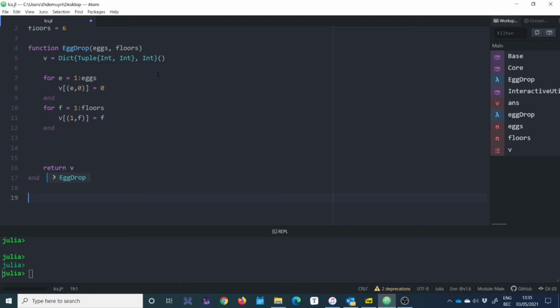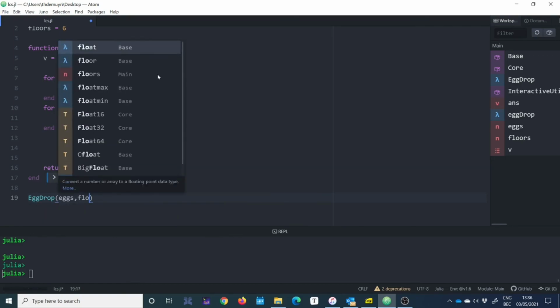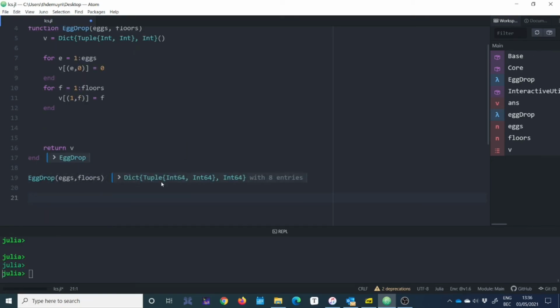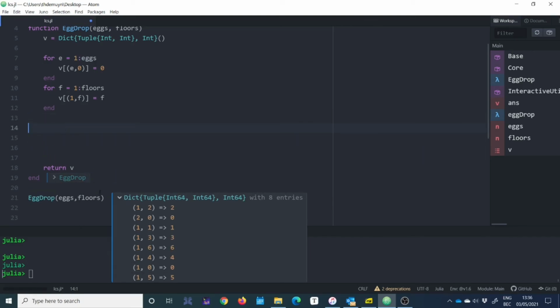Okay, so far, if I run egg drop for 2 eggs and what was it, 6 floors, I'm just going to have my base cases. Okay, 1 egg, 2 floors, 2 drops. Okay. Now comes the fun part, right?